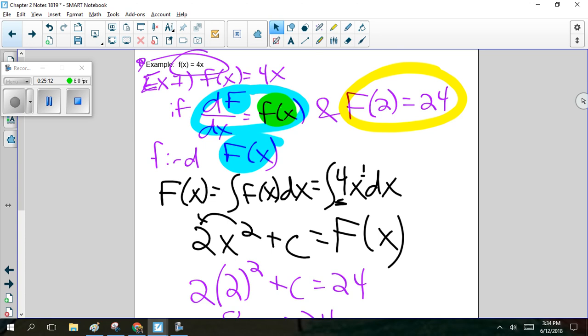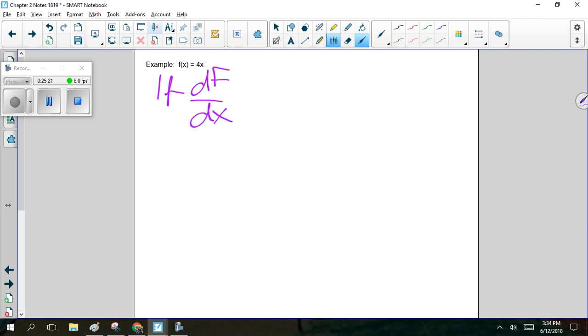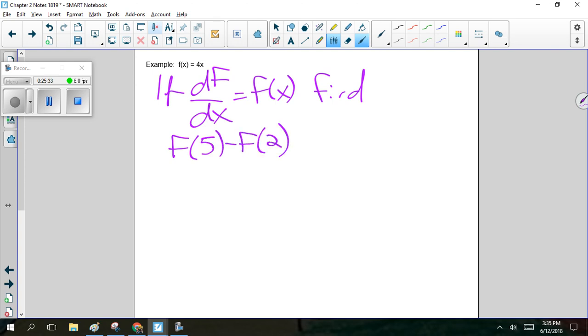All right, let's do a definite integral. We're going to start out with the same terminology. If the derivative of f with respect to x is little f of x, find, let's do, I don't know, how about F of 5 minus F of 2. What we're looking for here is this.